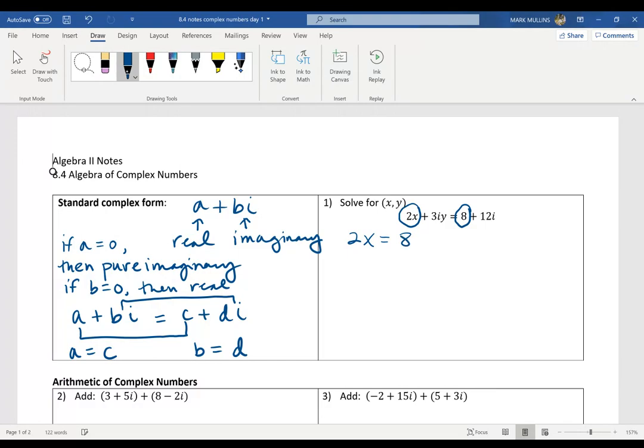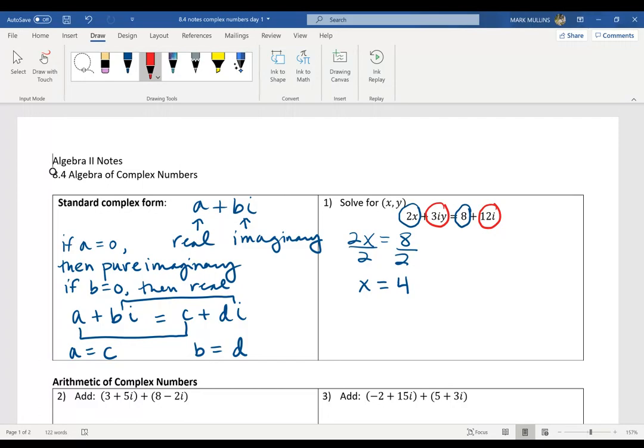And then I can go through and solve that. So I'm using that property that we just wrote down. If I have two equal complex numbers, the real parts are equal, and the imaginary parts are going to be equal as well. And we're specifically going to write it as the coefficients of the imaginary numbers. So now I'm going to switch my colors, and my imaginary parts are the 3iy and the 12i.